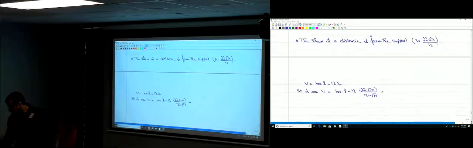At d, V is 100.8 minus 12, and x is 22.5 inches divided by 12 inches per foot. So the shear at a distance d from the support is 78.3 K.